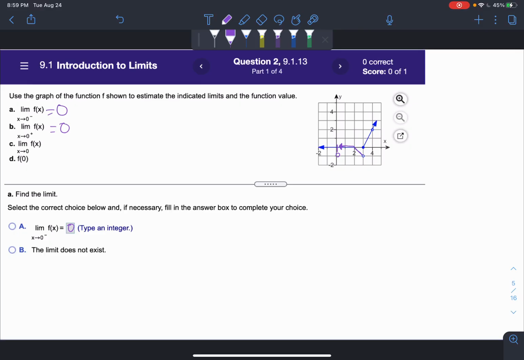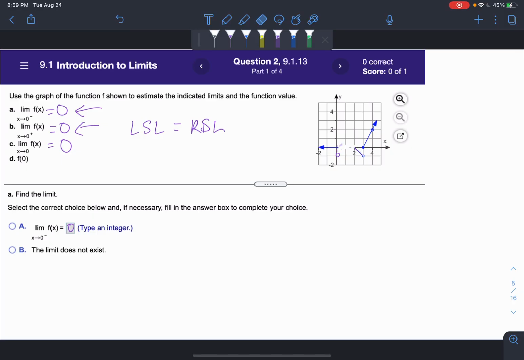And now notice how there's no sign over here. So that means that we want to know, is my left-sided limit equal to my right-sided limit? So my left-sided limit is this one, and my right-sided limit is that one, and they are equal. And so their overall limit is 0.